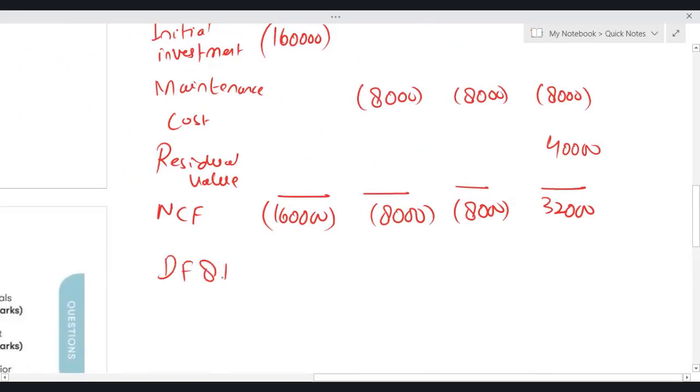Discount factor 8%. It was 0.857 then. 0.857 divided by 1.08, I'm getting 0.794.